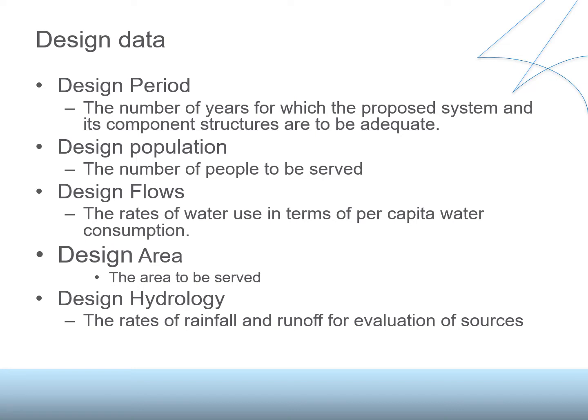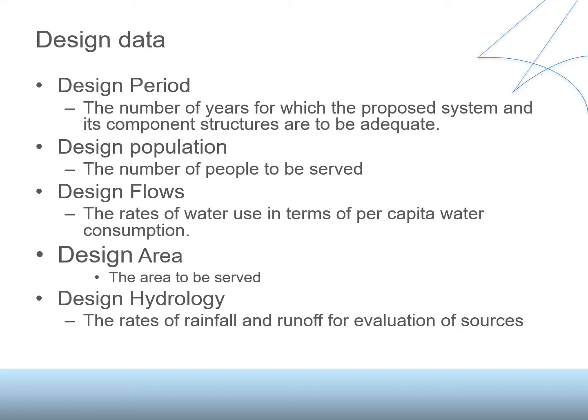Once the area to be served and capacity of source is confirmed, we calculate what is the design period, what is the design population, and finally the design flows. All this analysis is to get the right design demand or design flows.